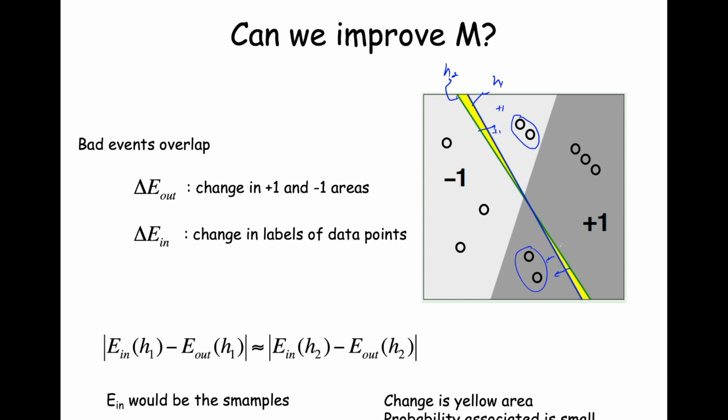And so when we look at the in-sample error, we see that there's actually no difference between H1 and H2. So let's carry this assumption forward, because there's no difference between H1 and H2, and we know the change in E out is relatively small. This bad event overlaps to a large degree.